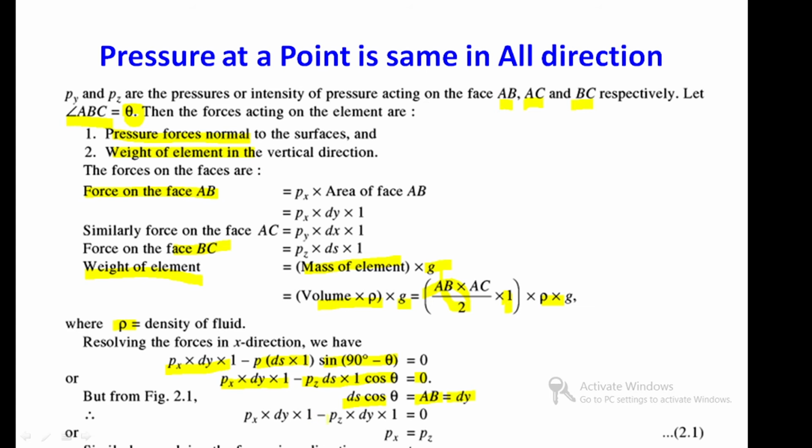Here Px dy 1 minus Pz dy 1. The dy 1 is common, moved to the right side, divided by dy 1. What will happen? 0 divided by anything is 0. So Px minus Pz equals 0, so Px equals Pz.